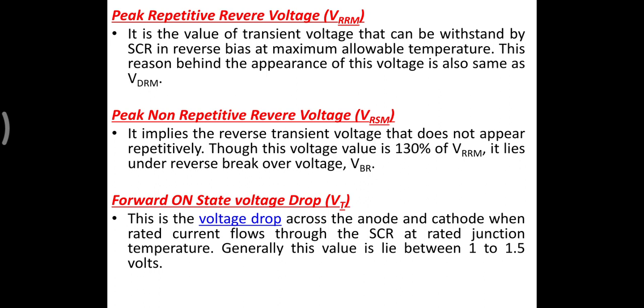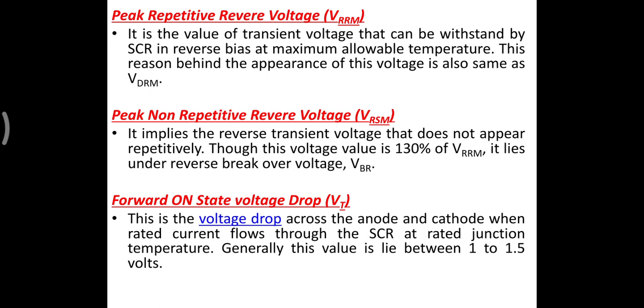Next, forward on-state voltage drop. The name itself indicates it: the voltage drop during the turn-on process of the SCR. The definition: the voltage drop across the anode and cathode when rated current flows through the SCR at rated junction temperature.